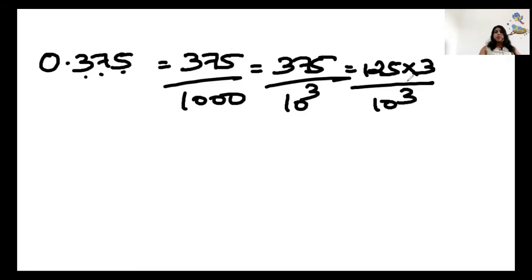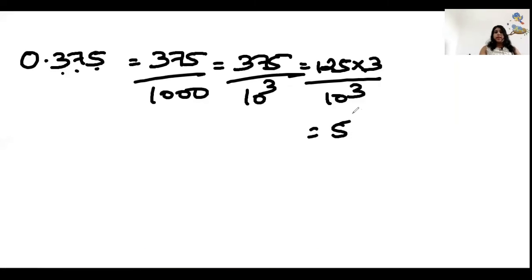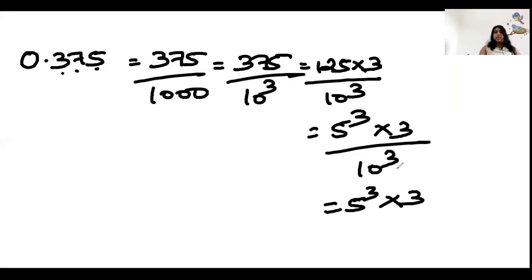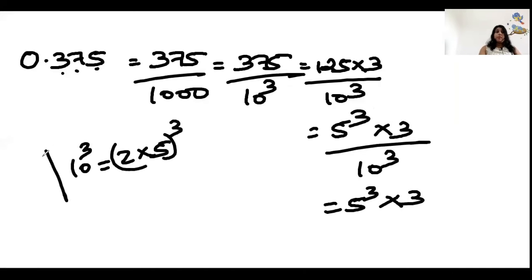So what is this actually? 125 I can write as 5 cube into 3 divided by 10 cube. I can write this 10 as 2 into 5, so 10 cube as 2 into 5 the whole cube. We have studied this in the powers and exponents chapter already, in 8th standard.